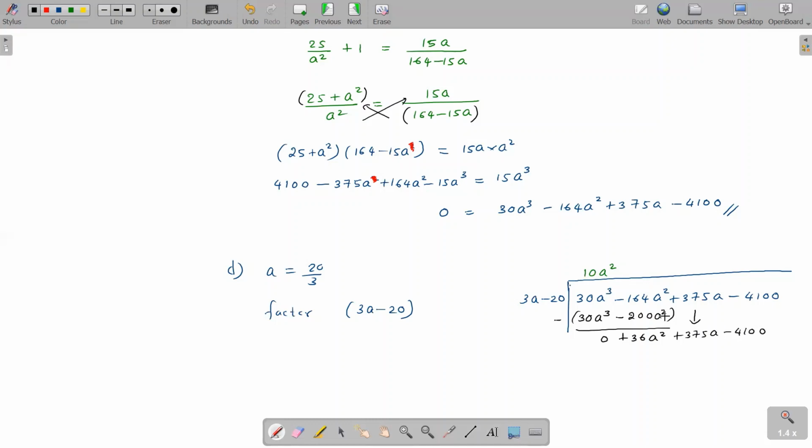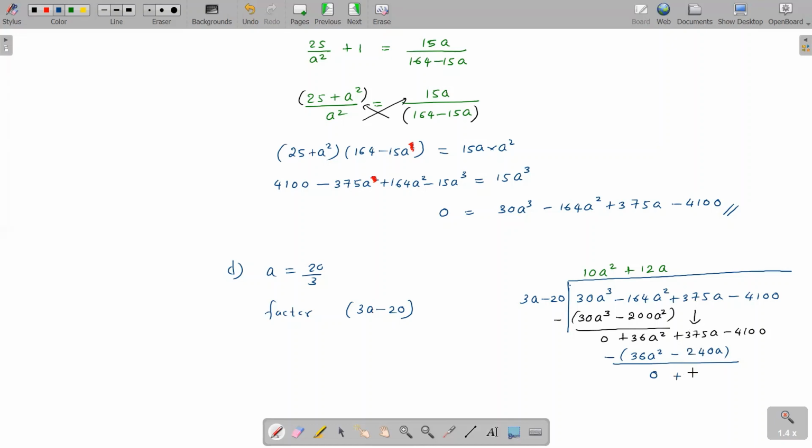Then 36A square divided by 3A is plus 12A. Multiply the term again with 12A. 12A into 3A is 36A square. 12A into minus 20 is minus 240A. Do you agree? Subtract: 36A square minus 36A square is 0.